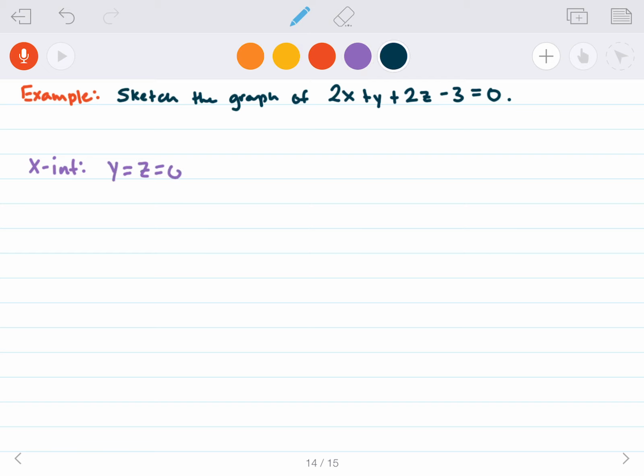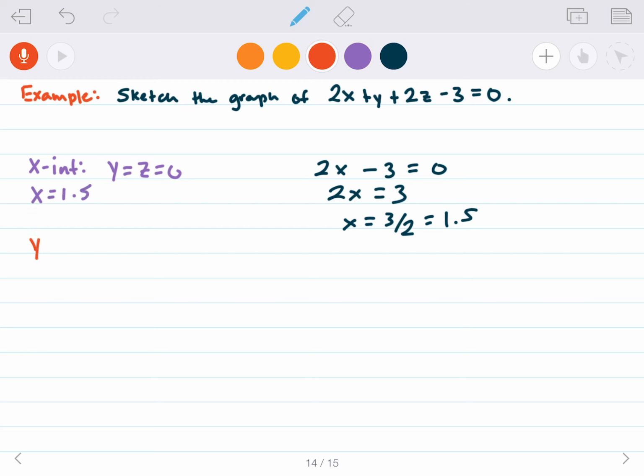So I have 2x plus 0 minus 3 equals 0. Add 3 to both sides, 2x equals 3. Divide both sides by 2 to get x equals 3 over 2, which is 1.5. So my x-intercept is going to be 1.5.